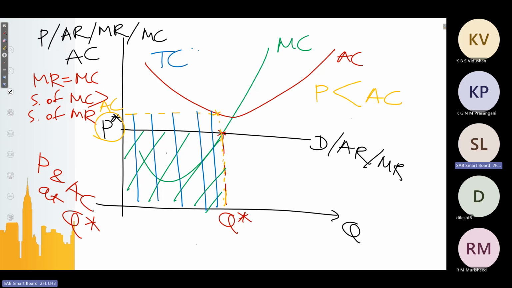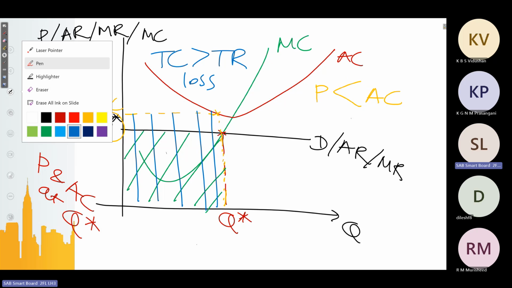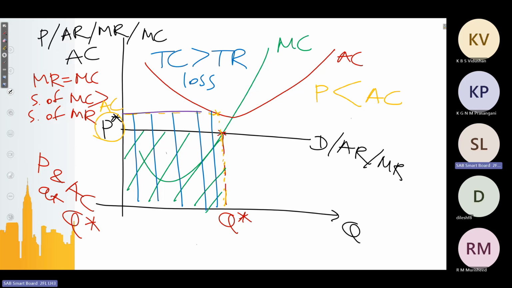Total cost is greater than total revenue, so there will be a loss. And the total loss is this much.